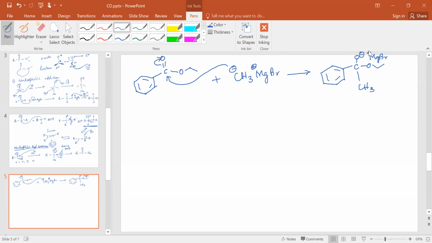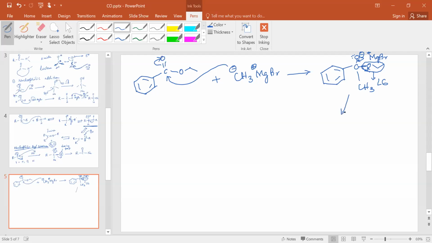In the next step, the OEt part of the ester acts as a leaving group, and the negative charge on oxygen acts as a donating group. It pushes out the ethoxide group, and this bond breaks and the electrons go onto oxygen.